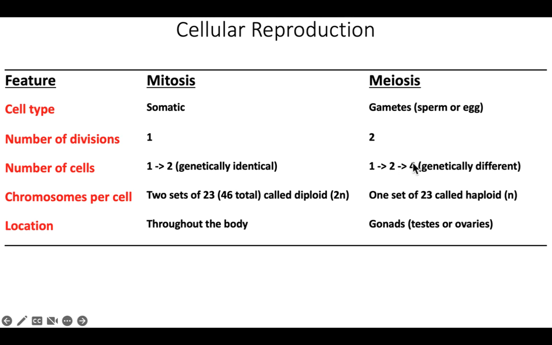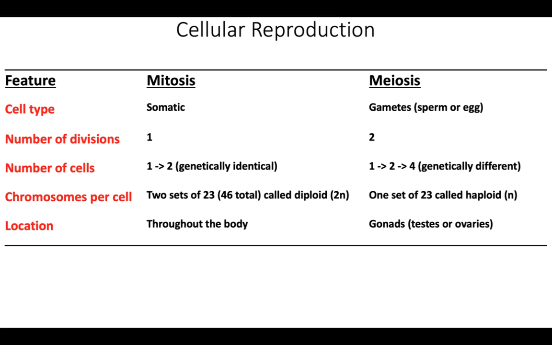And during this process, these cells are going to be genetically different. That's why children are different than their parents. They're similar, but they're not identical. So this allows us to have organisms that undergo sexual reproduction and produce genetically diverse offspring.